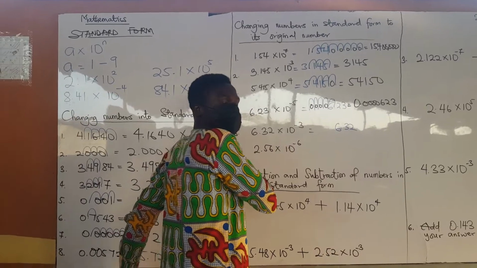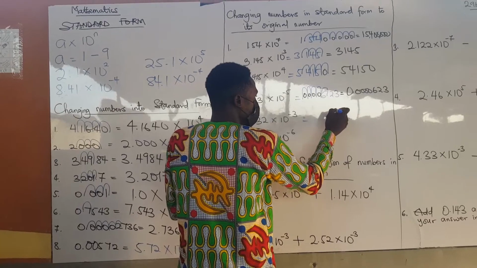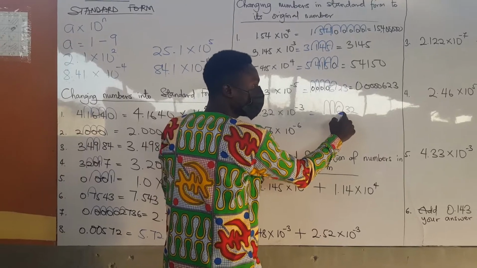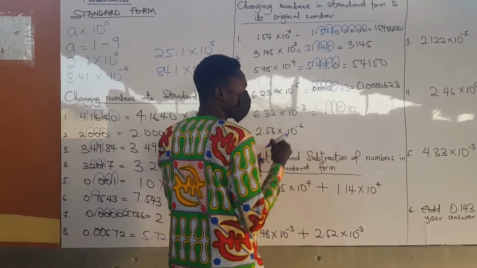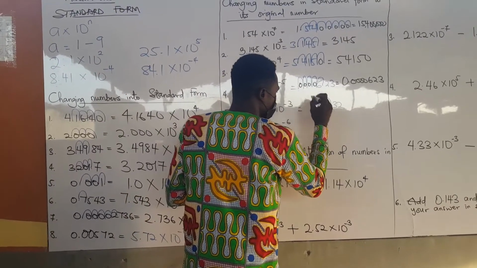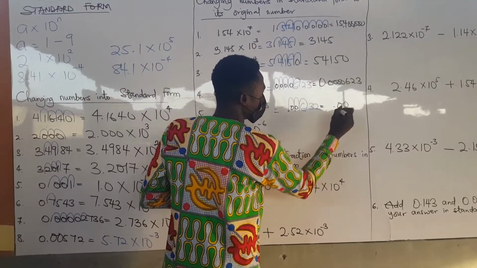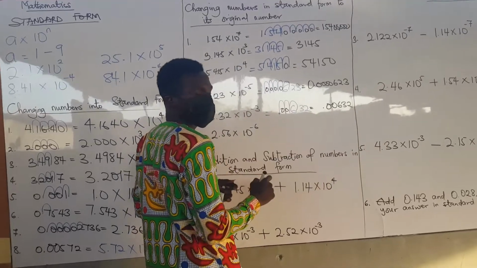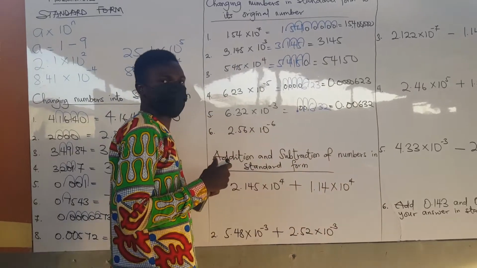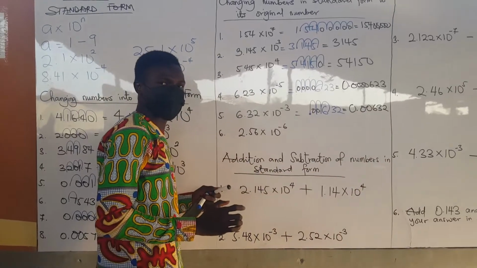So moving to my left from the decimal point is going to give me 1, 2, 3. 3 times. So the decimal point here has moved to this position. Because there are no numbers here, we are going to replace them with zeros. So I'm now having 0.00632. Because there is no number in front of the point, you can't leave it like that. So we just bring 0 in front of it. So this into its original number is going to give us this.